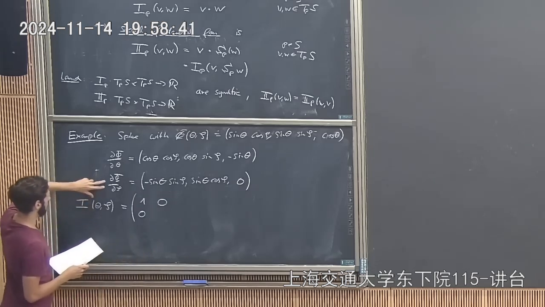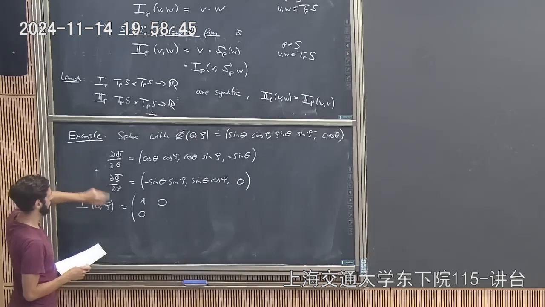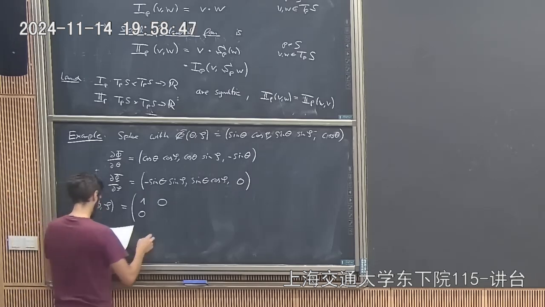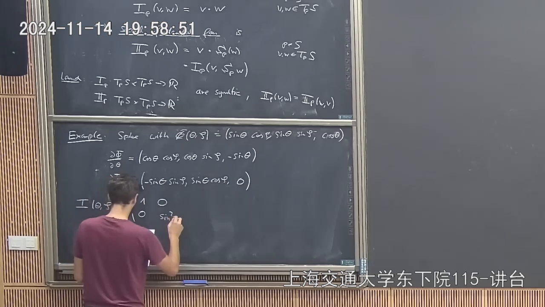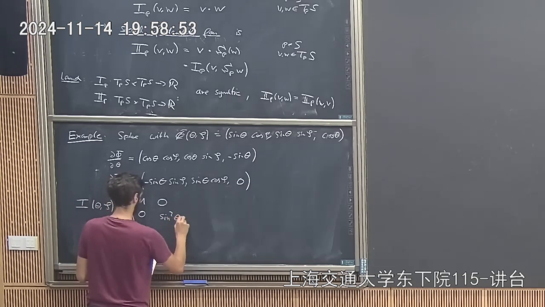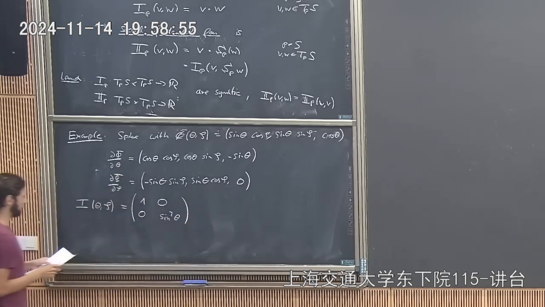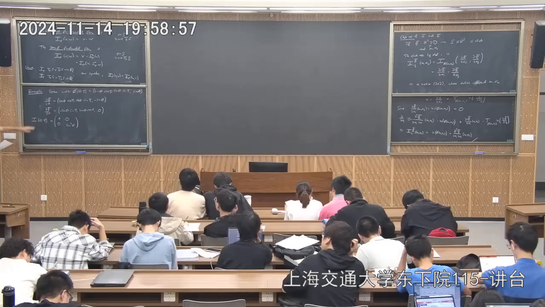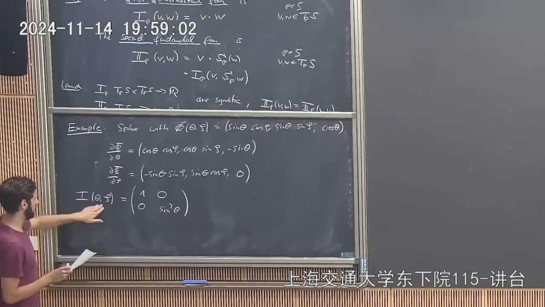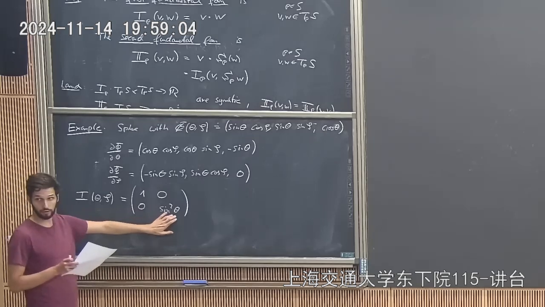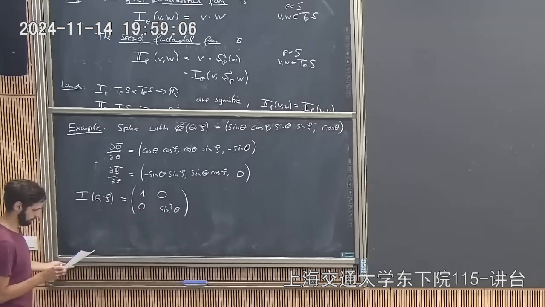And if you take the inner product of this vector with itself, you get sine squared of theta. So that's the first fundamental form, written as a matrix. You see both of these elements are really functions of the coordinates.